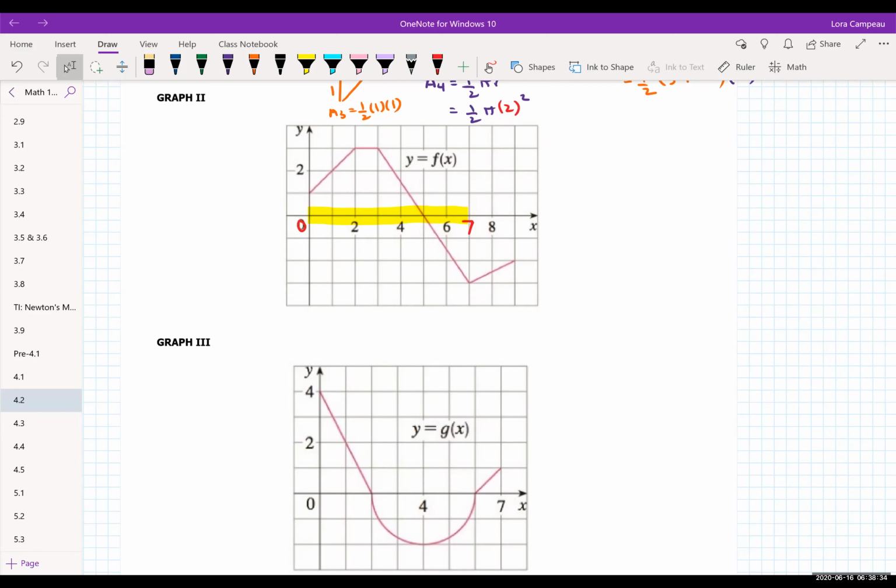So 0 to 7. I could do this in a few different ways. I'll play with you and see what happens. I'd be inclined to try to use a trapezoid, but the problem is that you're not quite sure.